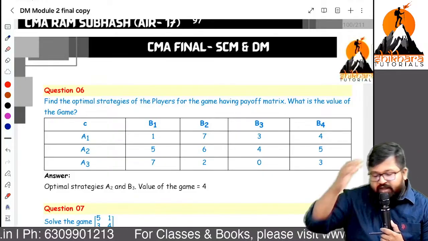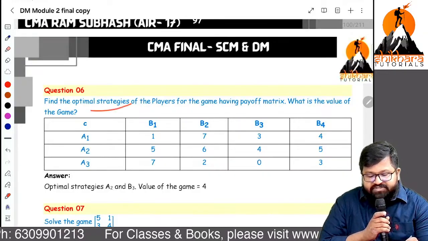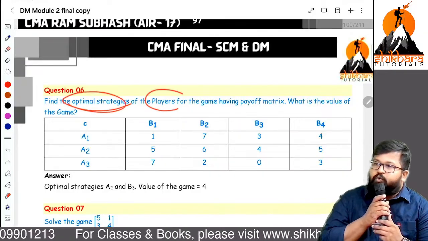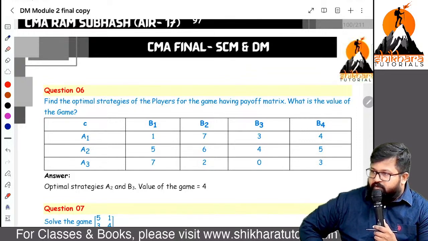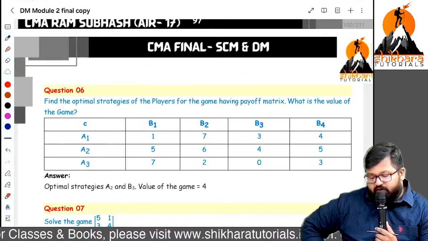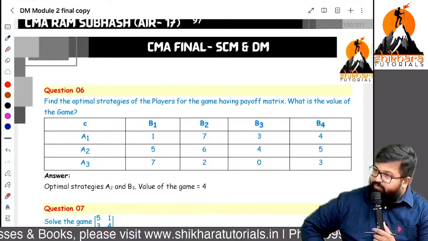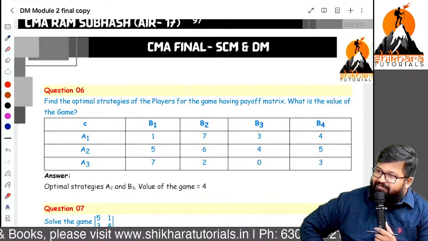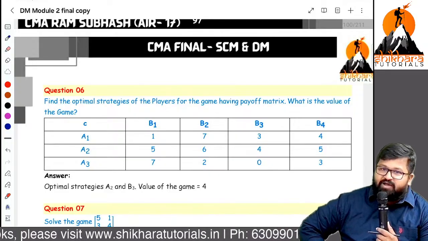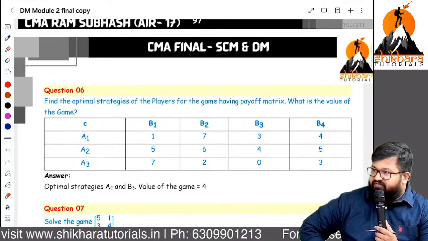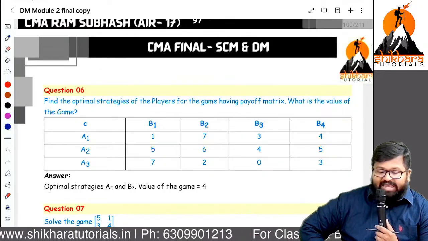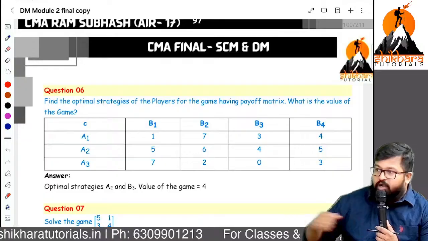Here it is asking for optimum strategies of players. So what is the total number of players here? A1, A2, A3 and B1, B2, B3, B4. Total 7 players? Only 2 players, but there are options. Do not confuse players and strategies. A1 and so on, B1 and so on are strategies.